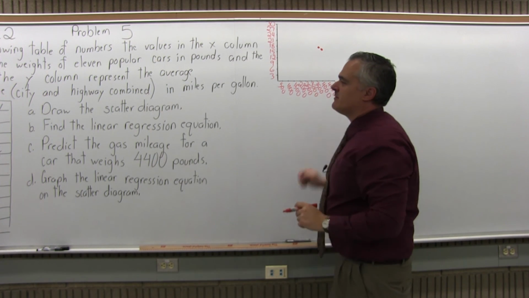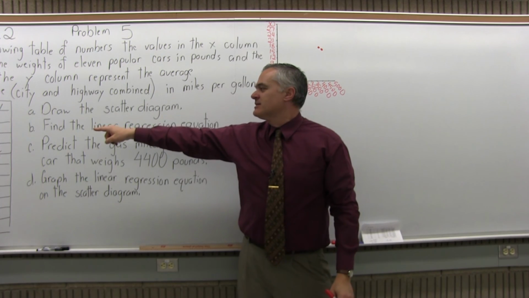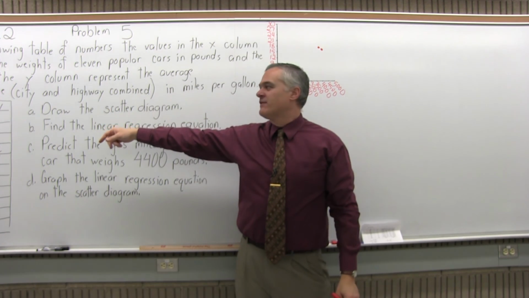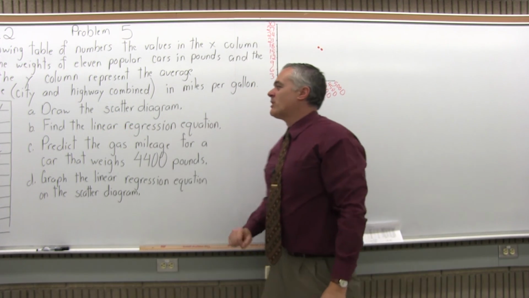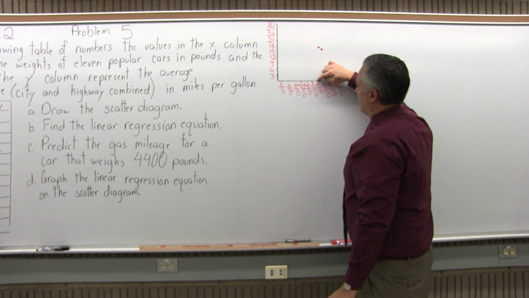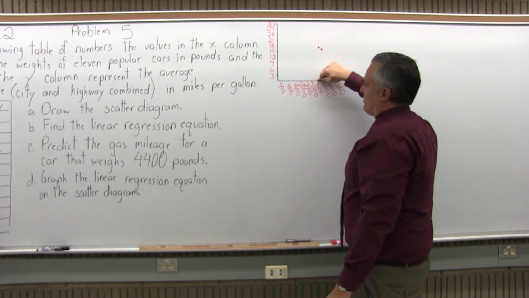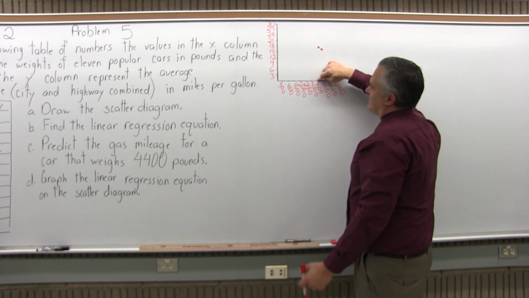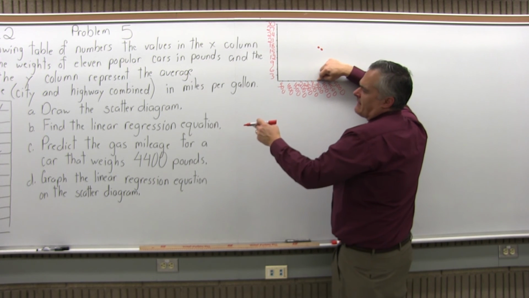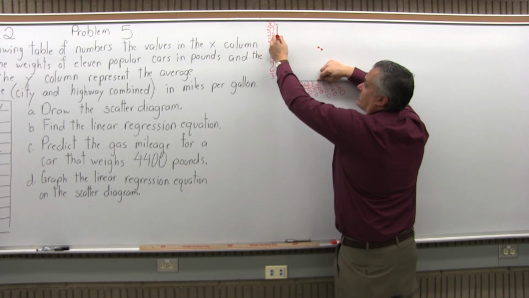About there. The next car, 3,530 pounds, so about 3,500, and we're getting 21 miles to the gallon. By eye, it's going to be right on the 3,500. In reality, it's a tiny bit past it. And the height for the dot would be 21, which I do have.